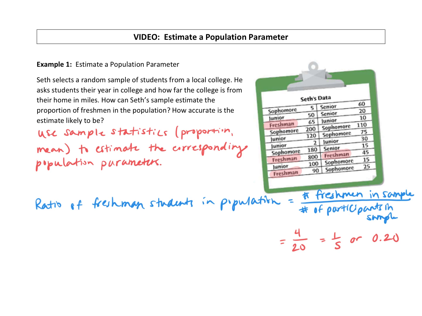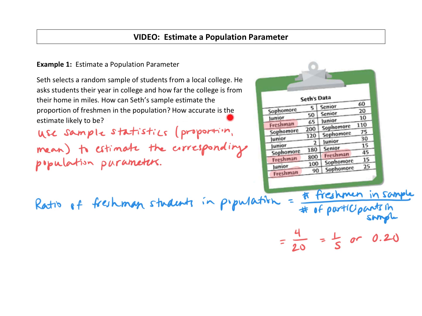So what we're finding is that about 20% of Seth's sample were freshmen. So we can use that to estimate that about 20% of the population are freshmen. So that answers the first question, how can Seth's sample estimate the proportion of freshmen in the population?